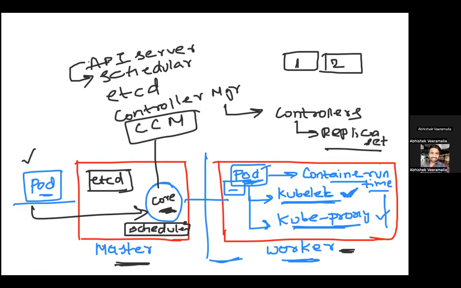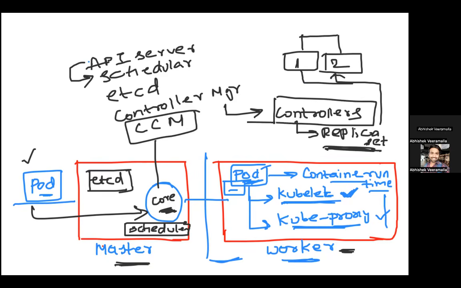So there has to be a component in Kubernetes that ensures that the two pods are actually running. That is taken care of by the replica set. In the Kubernetes YAML file, if you say I require two pods, the replica set controller ensures that the two pods are always running. Now, there has to be a component in Kubernetes which ensures such controllers are always running. That component is called the controller manager. If you did not understand the controller manager, don't worry about it.